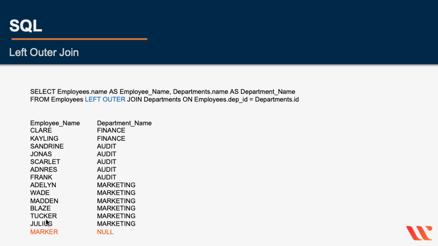So here we have an extra row in the employees table that doesn't correspond to any matching row from the department table. What we got is this one employee who does not belong to any department.